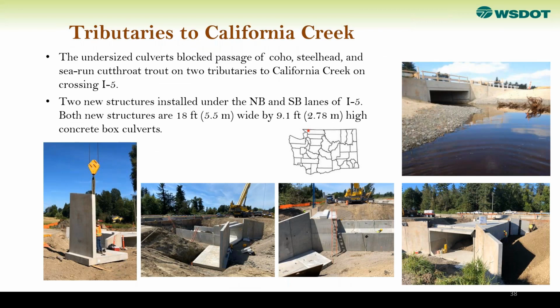The other one is tributaries to California Creek. That one, the undersized culvert, blocked the passage of Coho, Steelhead, and Cutthroat trout, in two tributaries to California Creek on I-5, and the newest structure is 18 foot wide and 9 foot high, used for northbound and southbound.